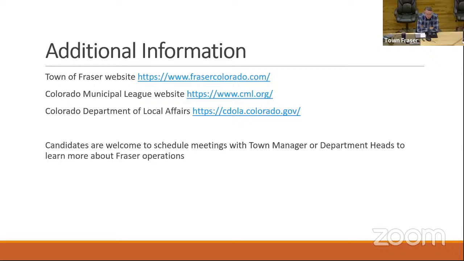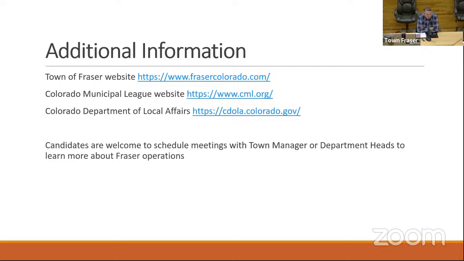There's been other funding available, and right now there's an initiative: $30 million came to the state of Colorado to support affordable housing. All those funds are being managed and overseen by the Department of Local Affairs.